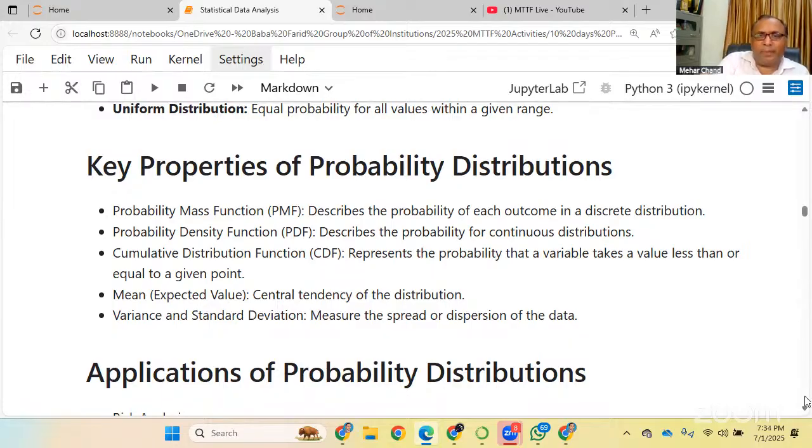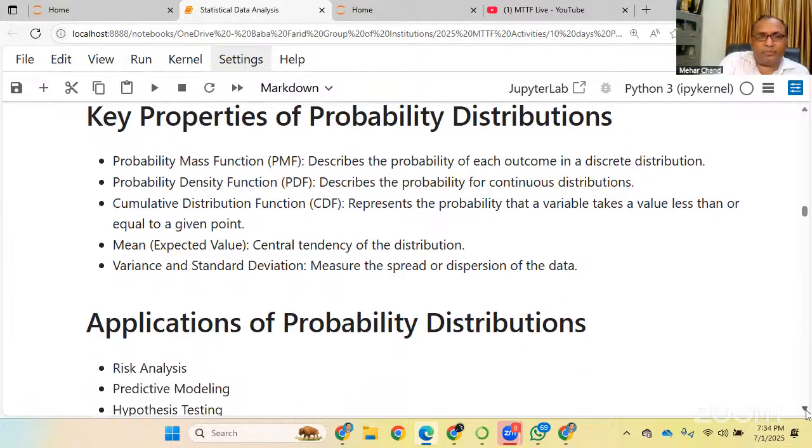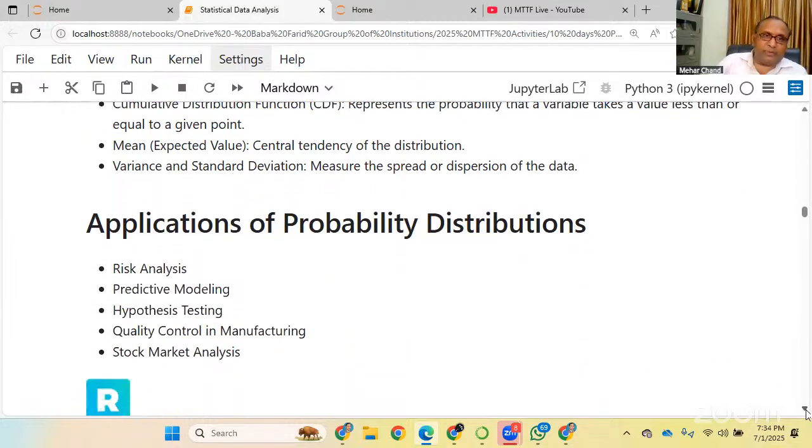Then we have the applications of probability distributions, where we apply them. All these types have applications in risk analysis, predictive modeling, hypothesis testing, quality control in manufacturing, and stock market analysis. There are more applications, but mainly these, which we can use as examples and easily introduce.